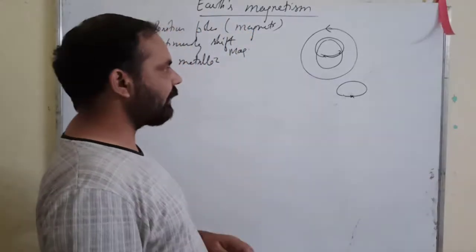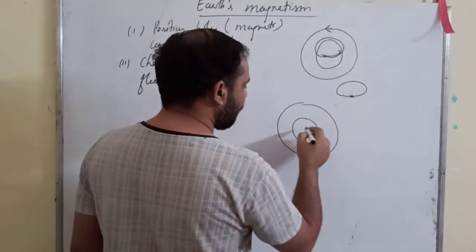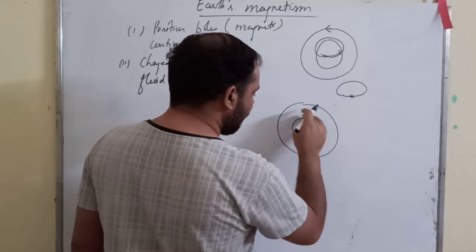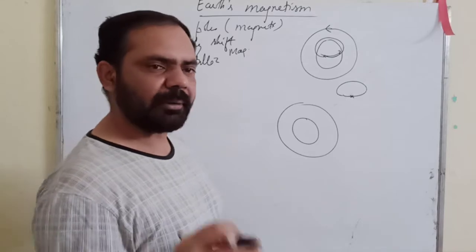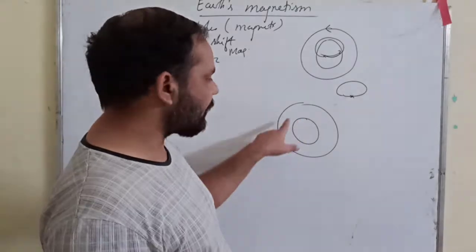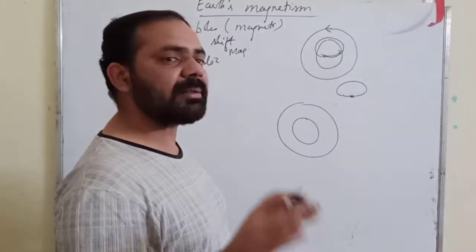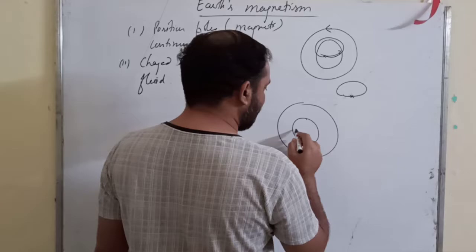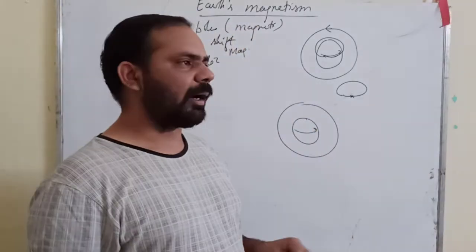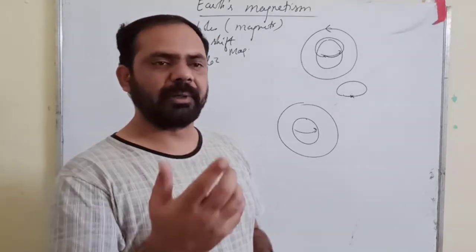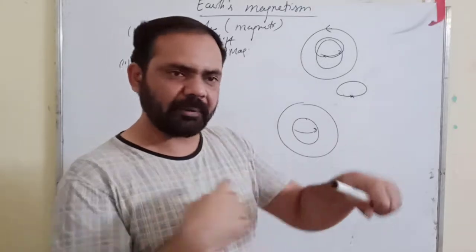The third reason which scientists give is that at the center of the earth there are heavy metals. The temperature and pressure are too high, and nothing can remain in the solid state there. So at the core of the earth we have heavy metals like iron, nickel, and cobalt in the molten, liquid form. Since the earth is rotating on its axis, that molten fluid is also rotating with the earth.